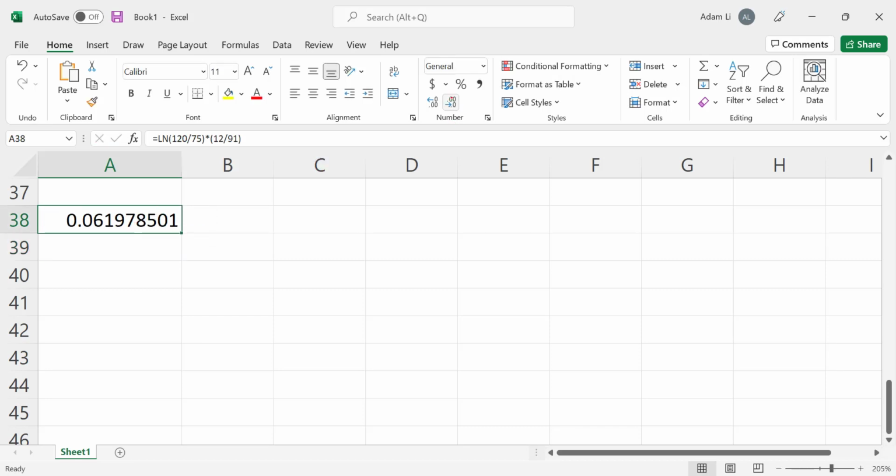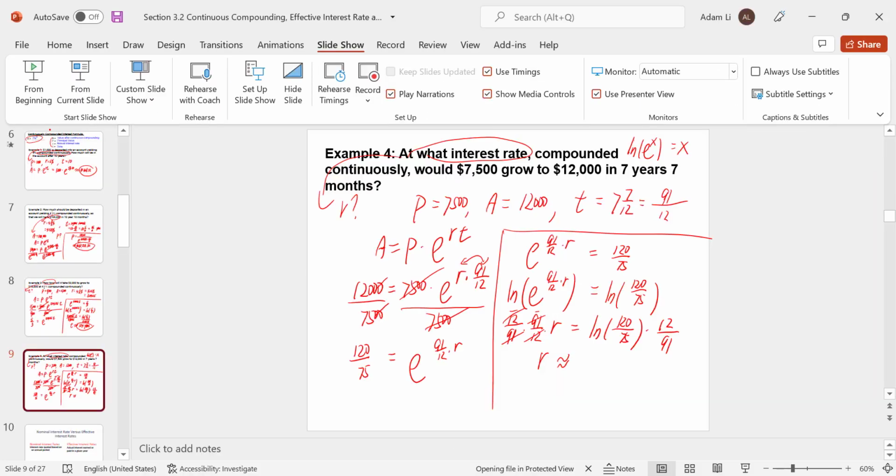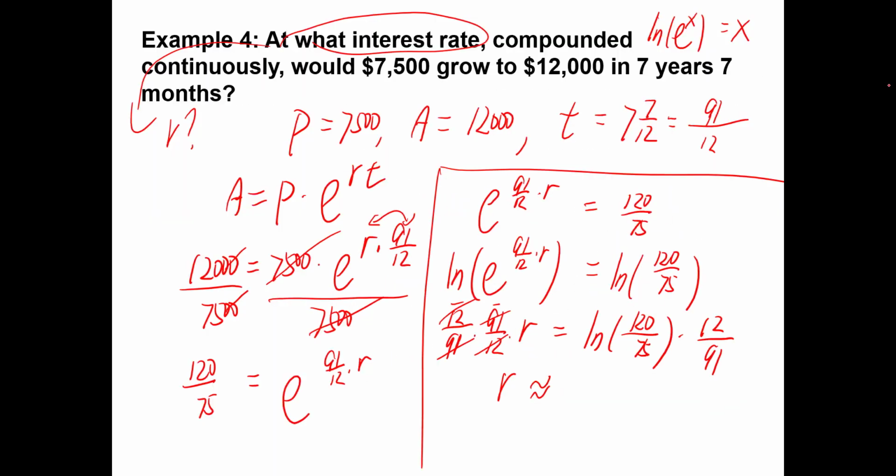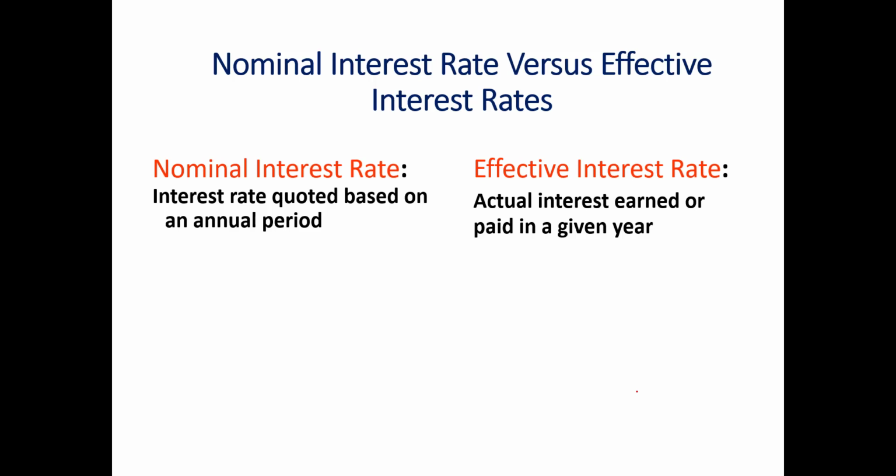So this turned out to be, to 4 decimal places, 0.0620. If you turn it into a percentage, it will be 6.20%. Okay, so that's the interest rate we're looking for.